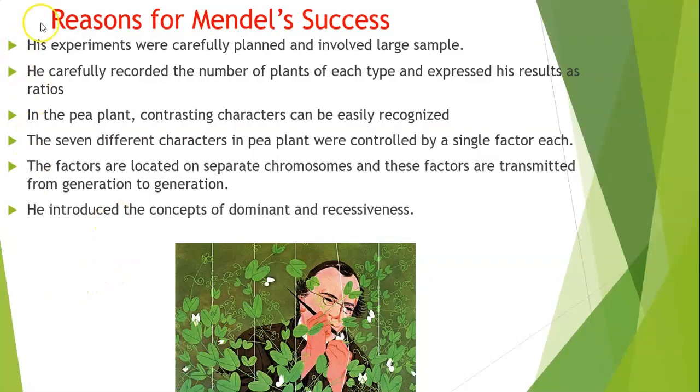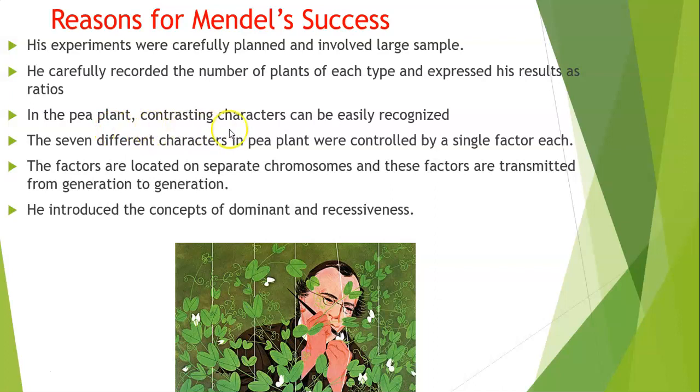Students, it's very important to highlight the reasons for Mendel's success. Let me tell you some of the reasons why he was very successful in his experiments. His experiments were carefully planned and involved a very large sample size. He carefully recorded the number of plants of each type and expressed his results as ratios.